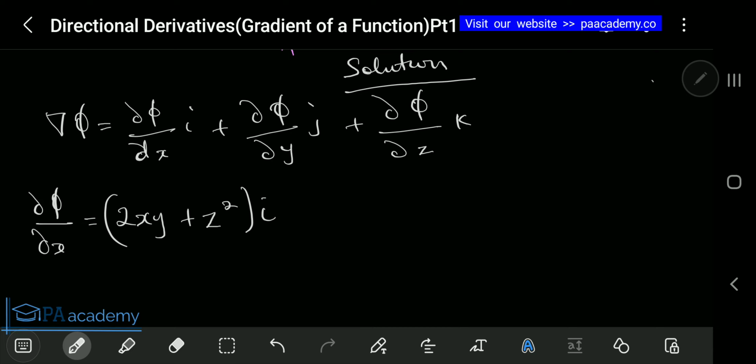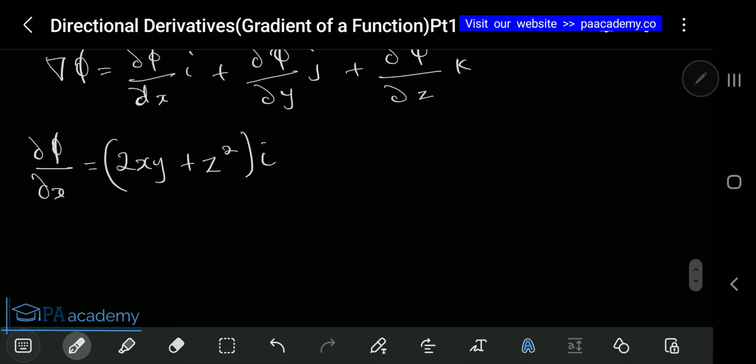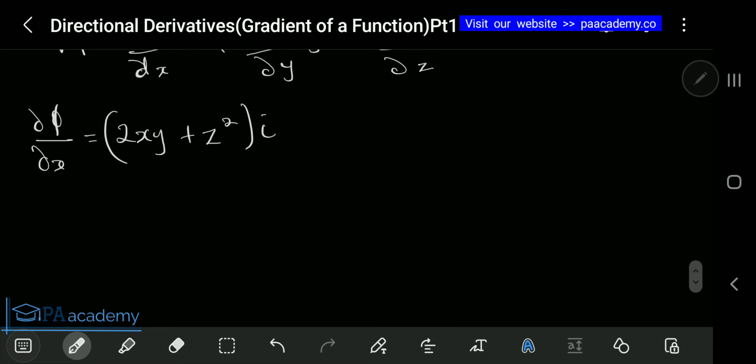I'm going through this grad part real quick because we've looked at more than 4 or 5 examples on how to calculate this. If you have watched the previous parts, you won't have any problem. If you missed those parts, kindly go to the playlist of engineering analysis, and you're going to find all the examples that we've looked at under gradients.